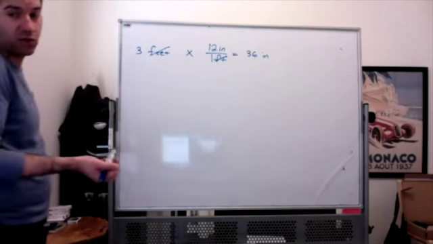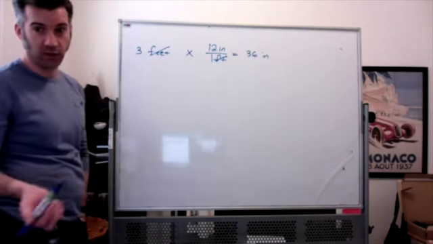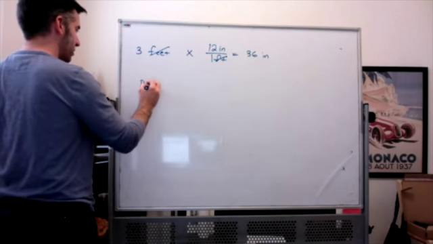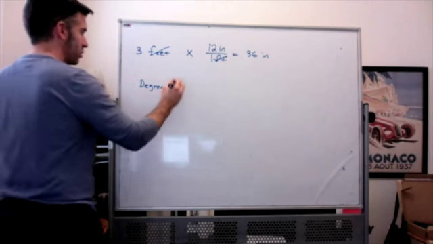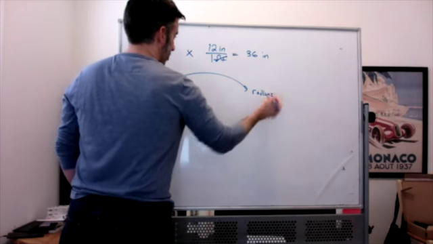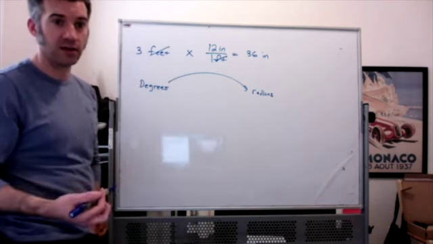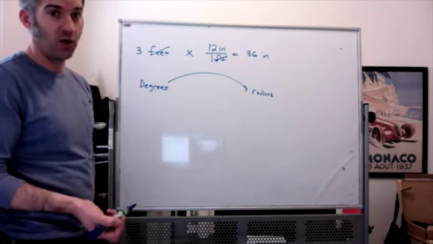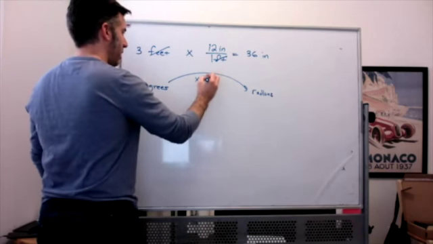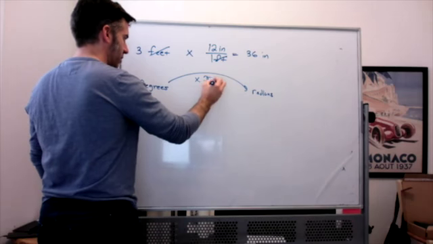The same sort of thing is true for changing from degrees to radians or radians to degrees. To change from degrees to radians, we're going to multiply by, so the thing you want to get rid of always goes on the bottom, pi divided by 180 degrees.